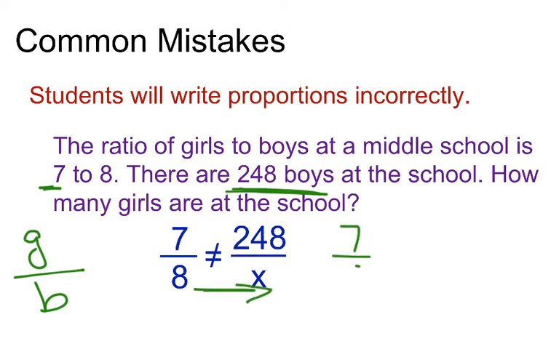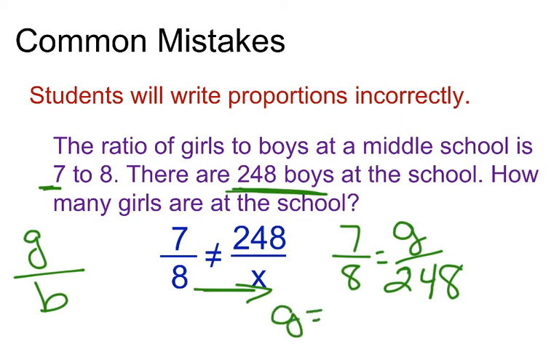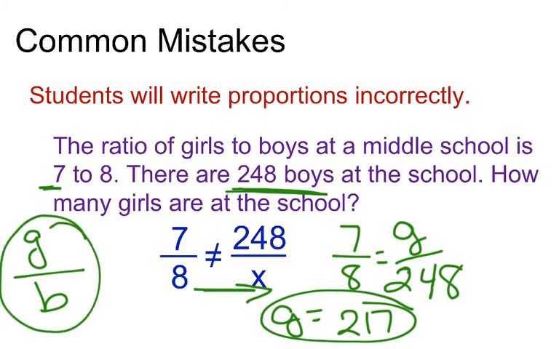So it should read 7 is to 8 as girls, so I might even just use a G instead of x, is to 248, which means that I would have, of course, 217 girls, not boys. So always make sure that you are looking at your adjectives. That'll always help you.